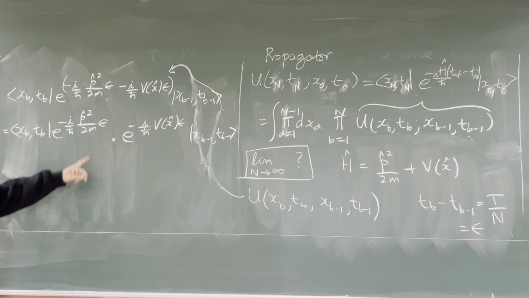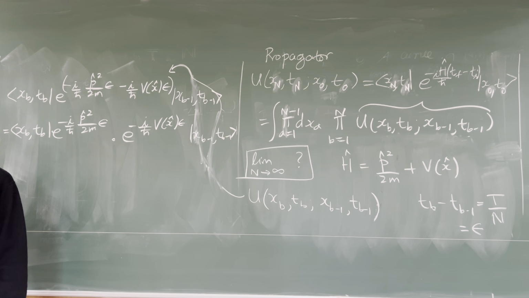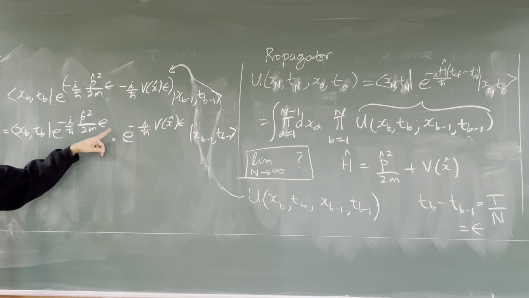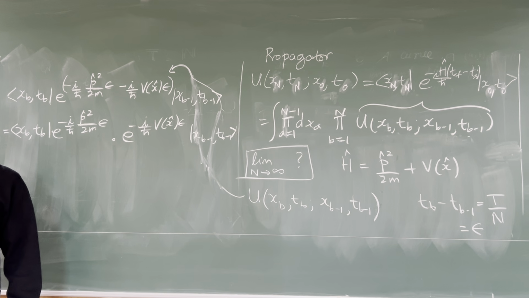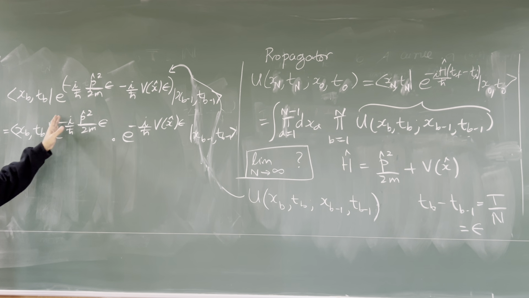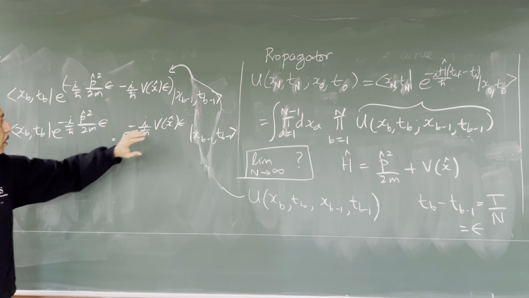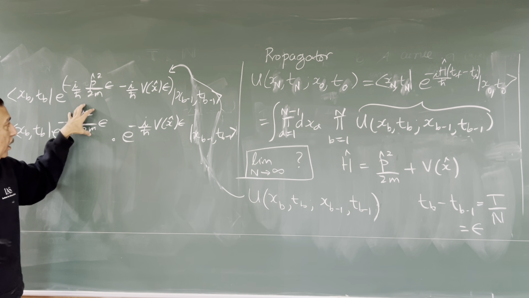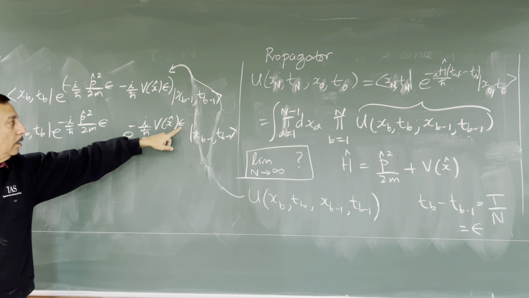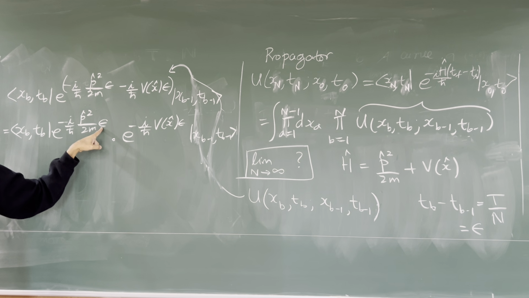How can they commute if one depends on p and the other depends on x? They don't commute. Leading order in epsilon. Very good. So the error in going from here to here is of order epsilon squared. That's the key point. Because you have to take the commutator of the whole exponent with the whole exponent. So you will get this thing, kinetic commutator with potential energy times epsilon, twice epsilon.